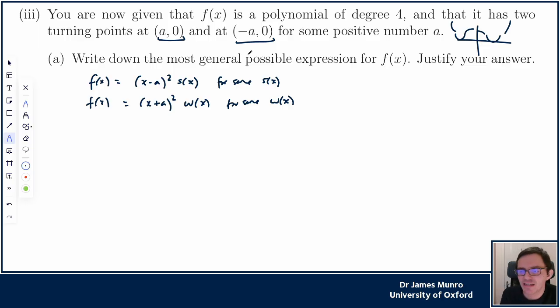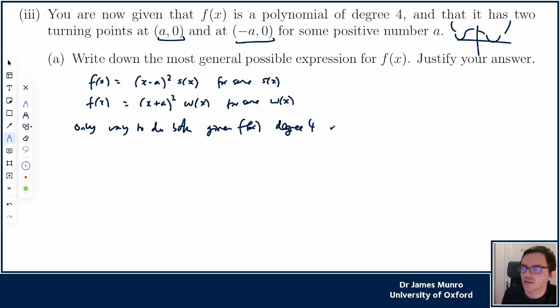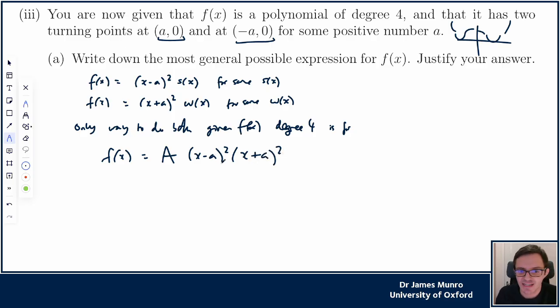In fact, it means the only way to do both, given that f of x is a polynomial of degree 4, is for f of x to be equal to some number multiplied by all of these terms, the x minus a squared and the x plus a squared.